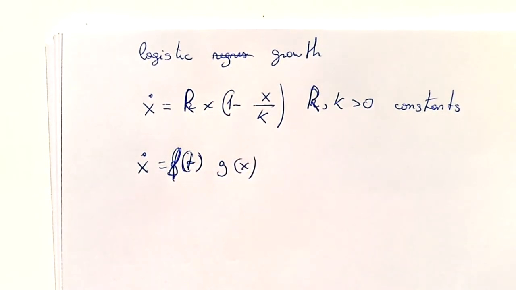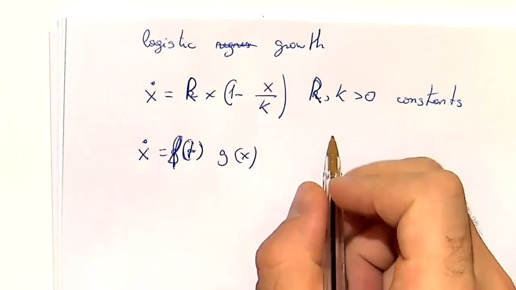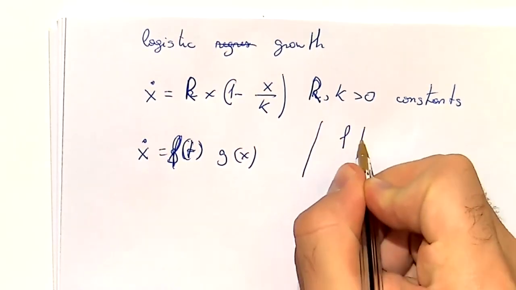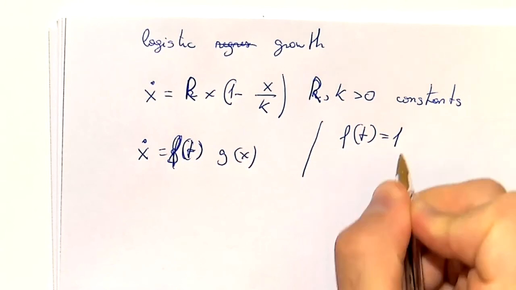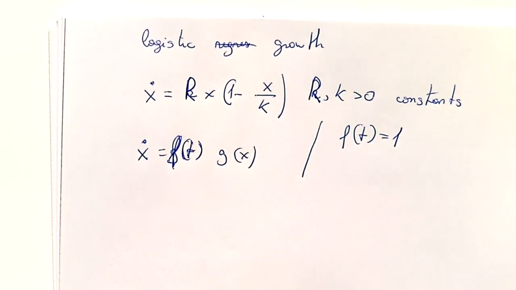Well, first of all, the main observation is that there is no t there. It doesn't look like there is a t there. So I can just say f of t is equal to 1. There is no t there. Well, it is what it is.